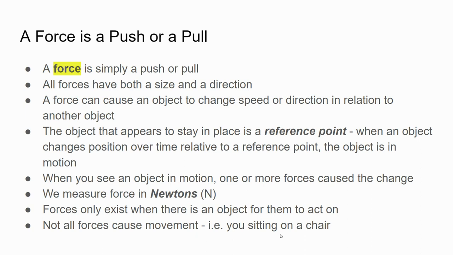So a force is simply a push or pull. All forces have a size and a direction. A force can cause an object to change speed. It can change direction. And all of these things are relative to the other things around. And usually I don't like to use generic terms like stuff and things.